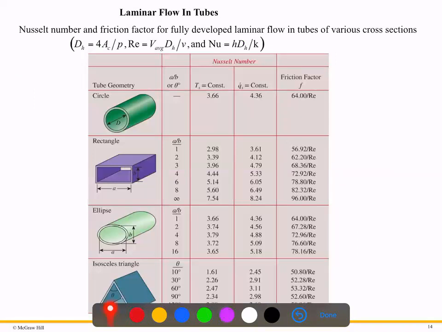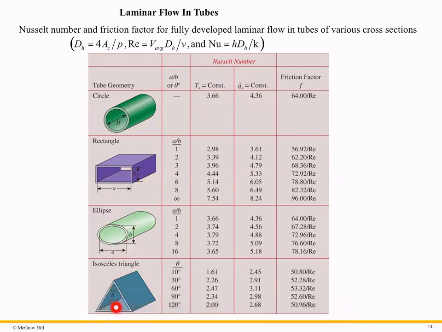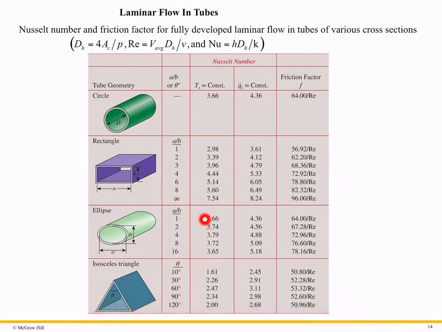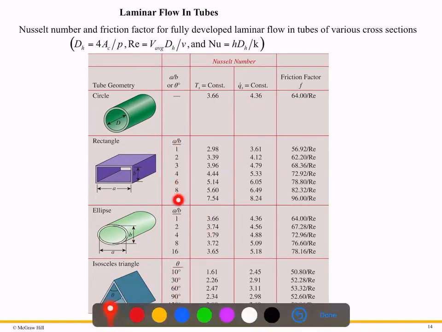Here is the chart that will make your life easier. For a circular tube, constant surface temperature is 3.66 and constant heat flux is 4.36. If it is a rectangle, ellipse, or triangle, here are the values. This is the ratio a over b, and for this ratio you can see the corresponding Nusselt number.